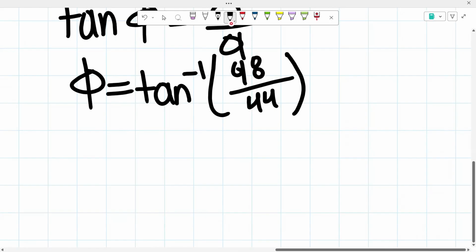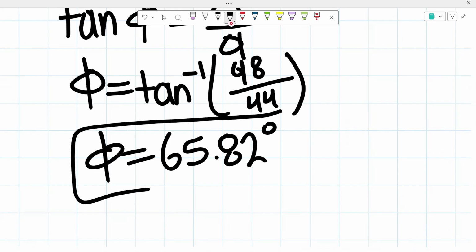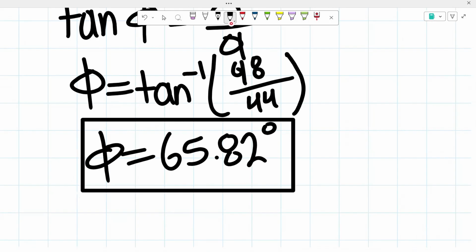And then we're going to input that into our calculator. You want to make sure that your calculator is in degrees. So tangent inverse of 98 divided by 44. You should end up getting that your angle is equal to 65.82 degrees.